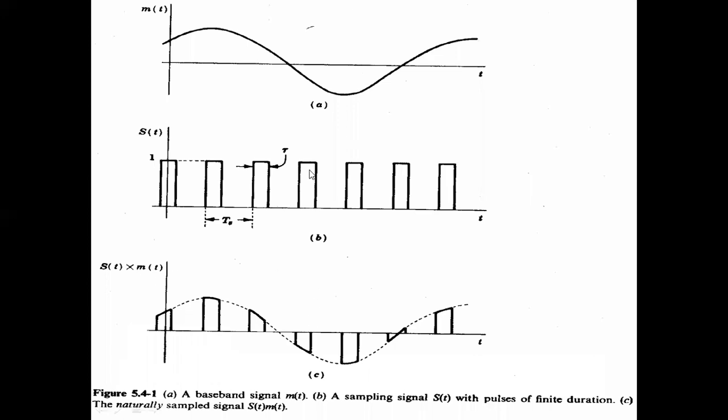Now you can observe the first sample has occurred. This is the first sample. The amplitude of the first sample is the same as the M of t signal amplitude. The second sample, the amplitude of the pulse is the same as the M of t signal amplitude. And the third sample, the amplitude is the same as the M of t amplitude. Fourth sample, fifth sample likewise.